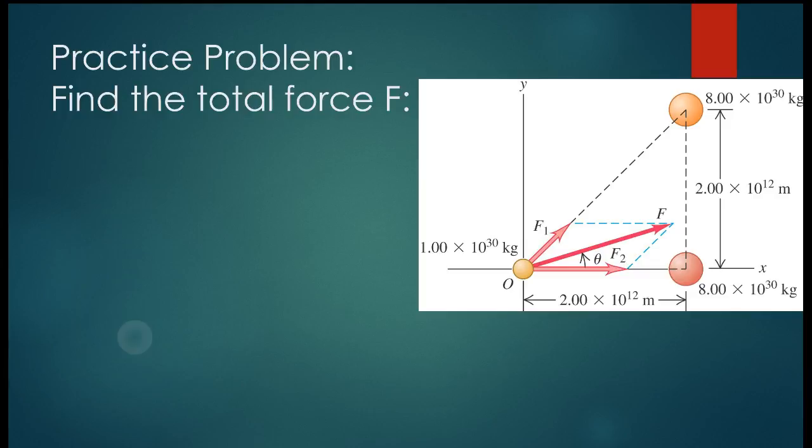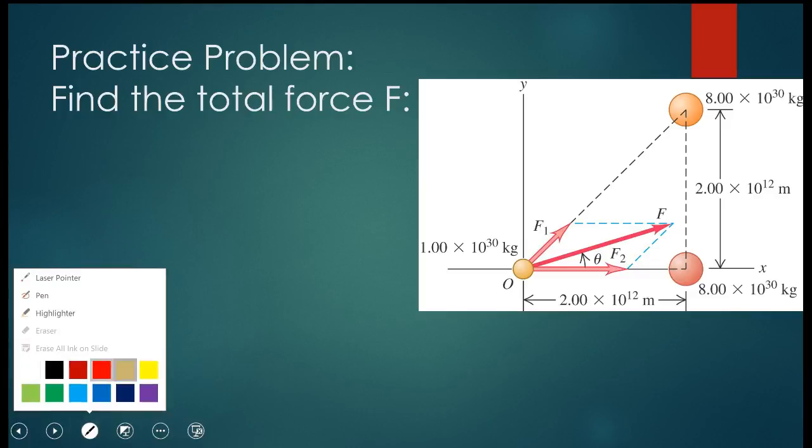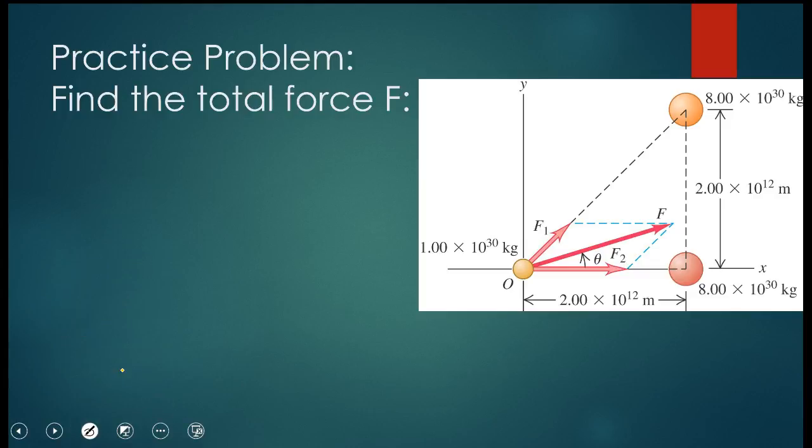Okay, so let's actually do that. We want to find the total force F acting on this object right here. Oh, so this guy. Okay, so we're going to go ahead and calculate these forces. Okay, and we can say that F1, and let's call this A, B, and C again.